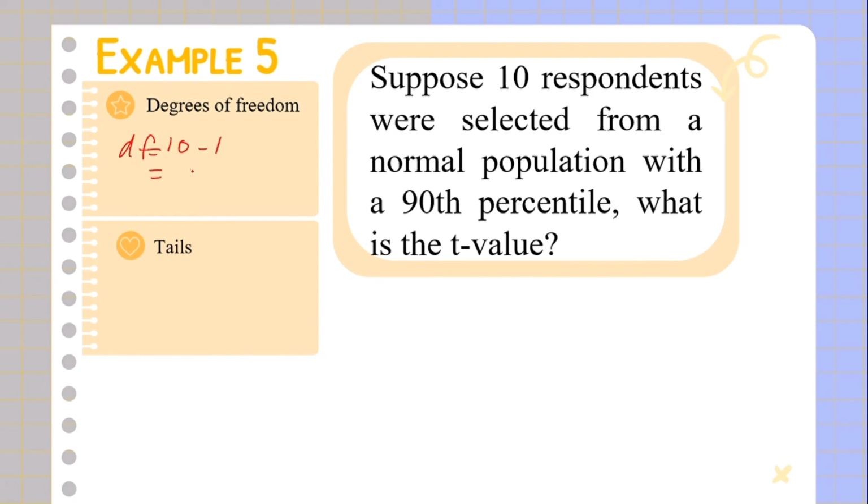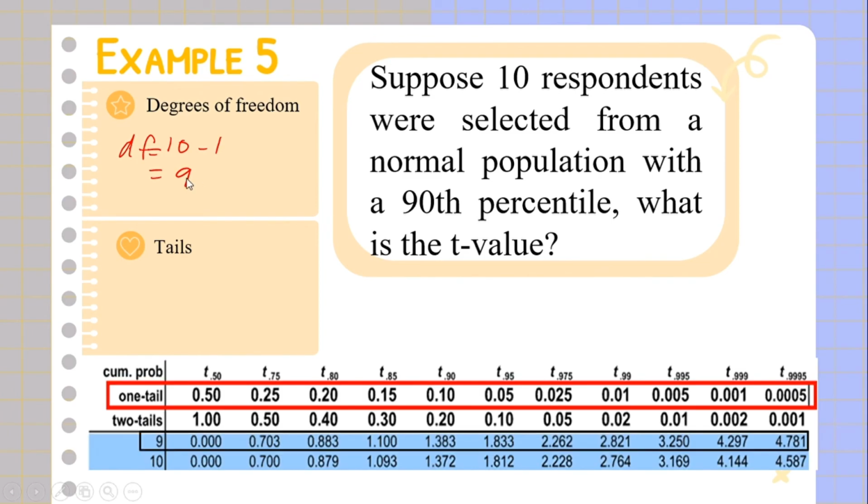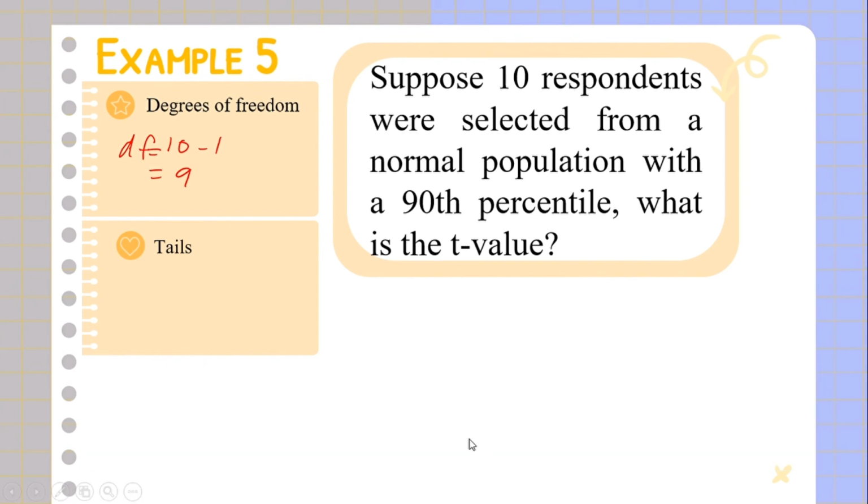Ang makukuha natin is 9. Then, gamitin natin yon. Nandito ang ating 9 na degrees of freedom. And then, since ang ating percentile is 90th, then tignan natin yung 0.90 sa cumulative probability. And nandito siya. Then, yung intersection nila is 1.383. Then, yun ang ating t-value.